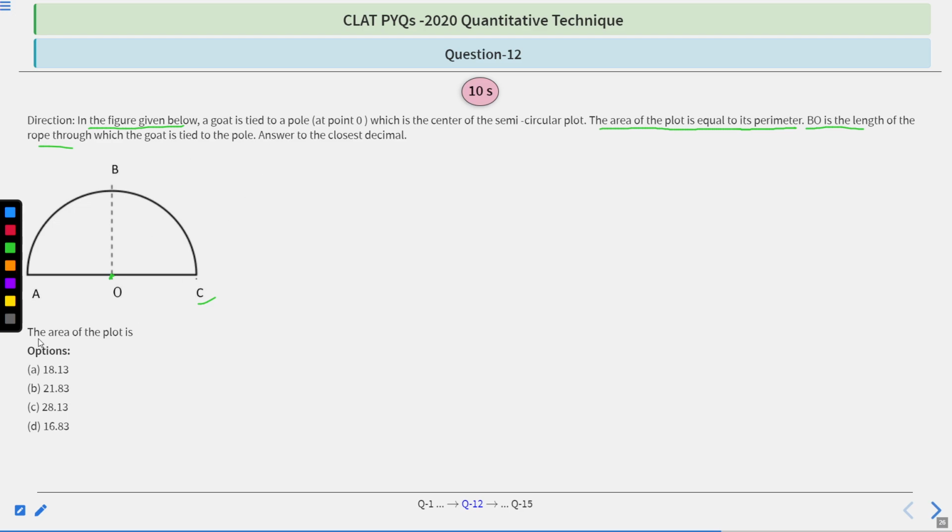Now the main question asks what its area is. Options: 18.13 square units, 21.83 square units, 28.13 square units, 16.83 square units. You will have 10 seconds to try this question. After 10 seconds, we'll move towards the correct option and its explanation. So your time starts now.